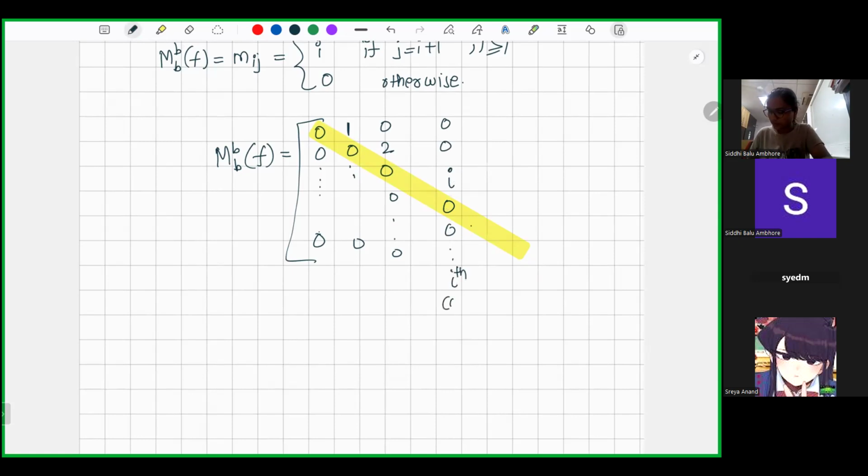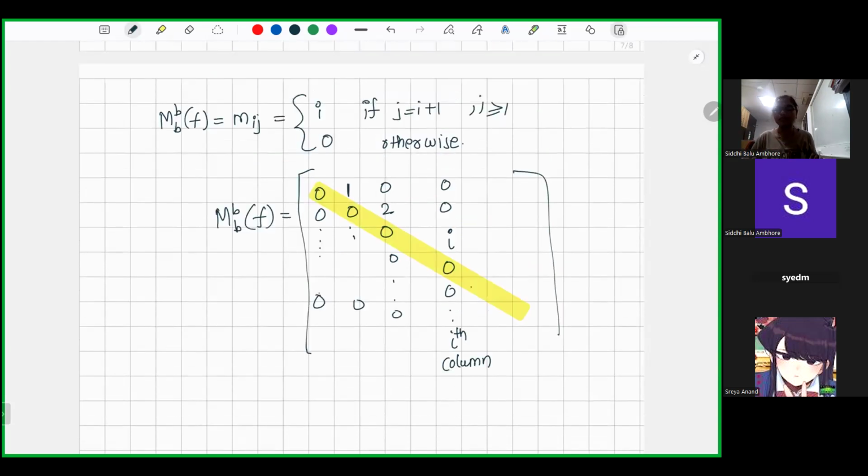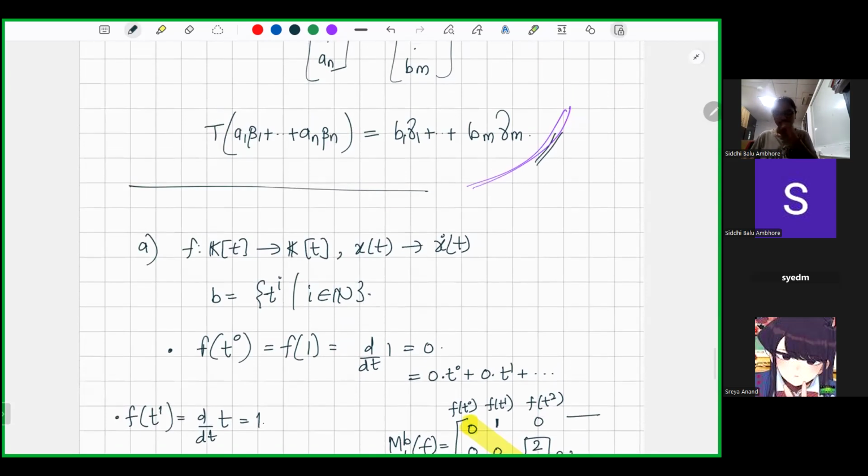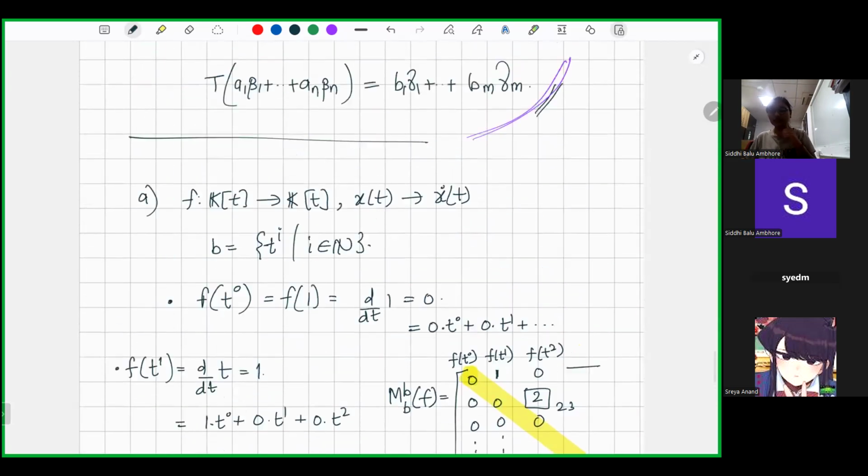This is the ith column. I hope this is understandable. This is my infinite matrix. This continues for any given n. So any doubts here about how this matrix looks?